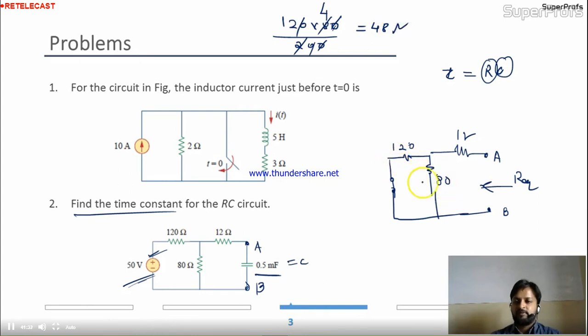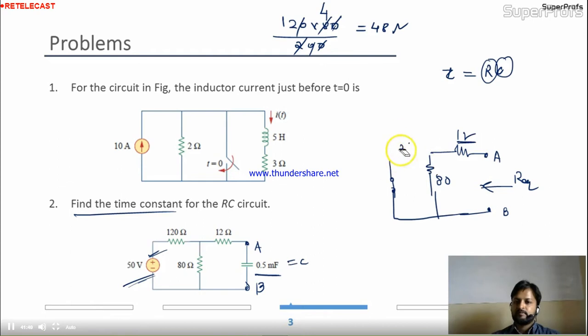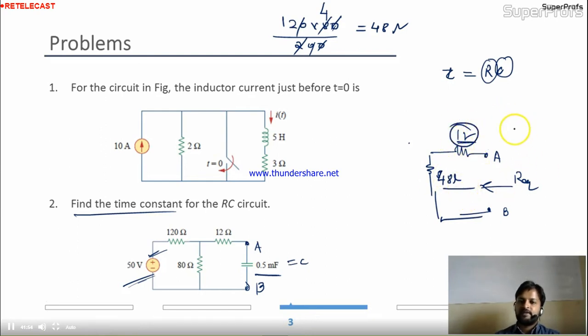So the parallel combination of this circuit is connected in series with 12. Now you resolve these parallel branches, and the new one is 48 ohm. Now this 48 and this 12 they are connected in series. So the resultant R equivalent is 50 ohm.